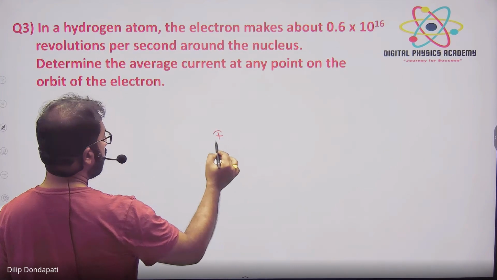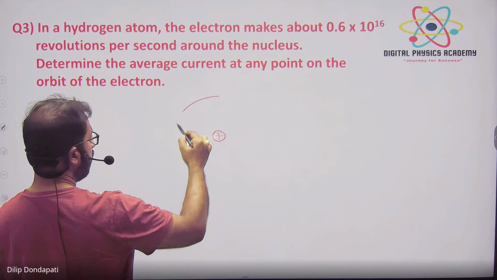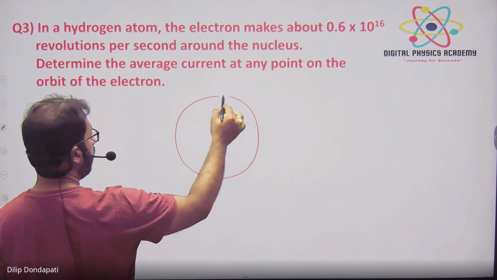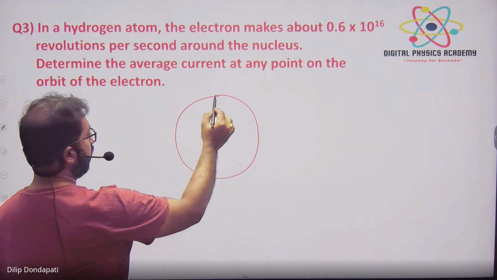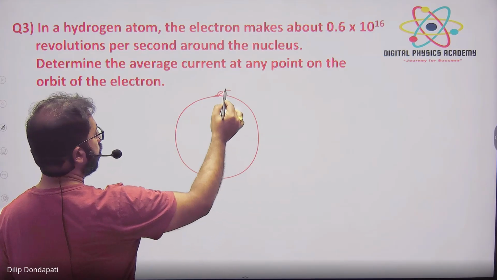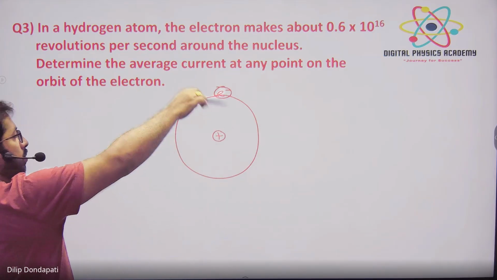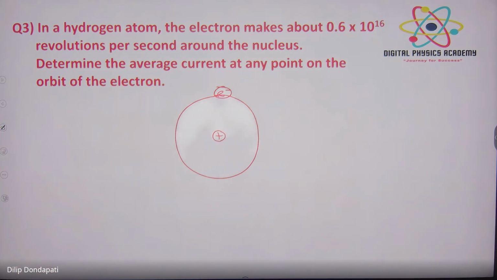So in a hydrogen atom, how many electrons are there? In hydrogen, 1 electron. So this electron is revolving, zoom zoom zoom. How many times? 0.6 into 10 power of 16 revolutions per second. He is asking what the average current is.